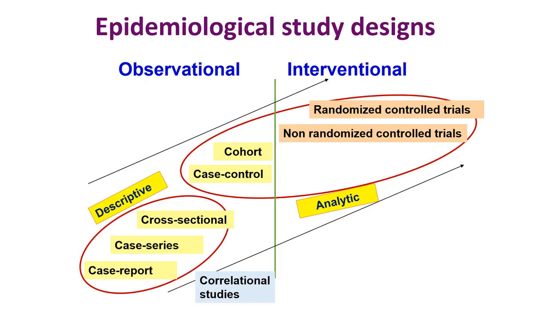In cross-sectional studies, we lack temporality because we take snapshots. That's why we don't know whether exposure happens before the outcome, and that's why we cannot prove any association. And in correlational studies, we work on group level data, and because of that, we cannot apply the findings from our correlational studies on individuals.